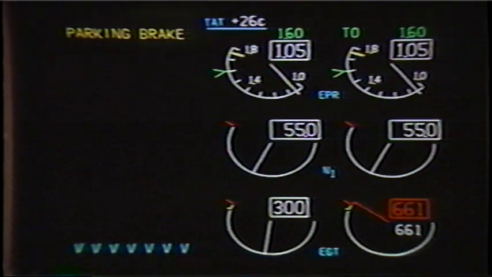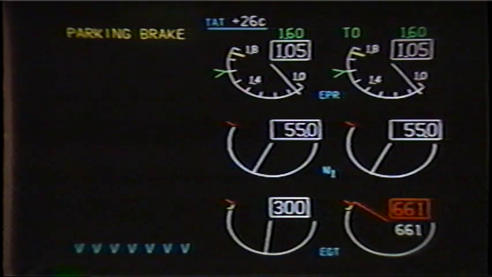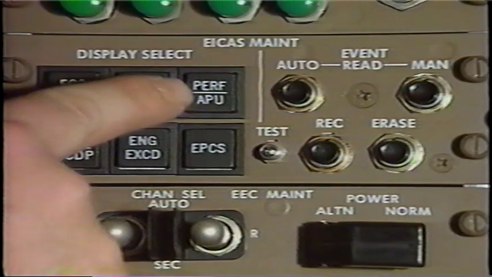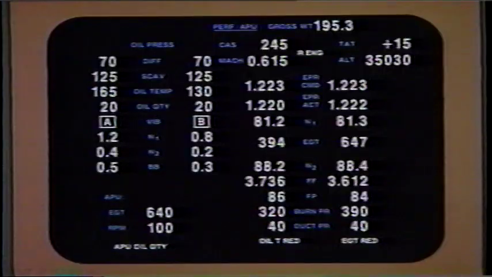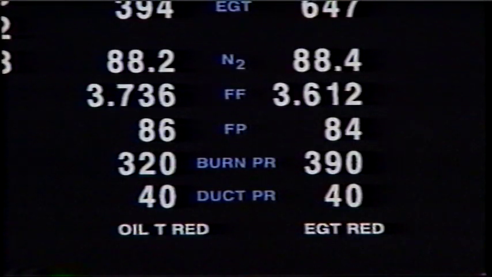In addition, the environmental parameters are recorded again and stored in EICAS memory, overwriting previously recorded data. When the Performance APU page is selected in real time, the auto events for the left and right engines are indicated by the messages Oil T Red and EGT Red, located below the respective engine data.